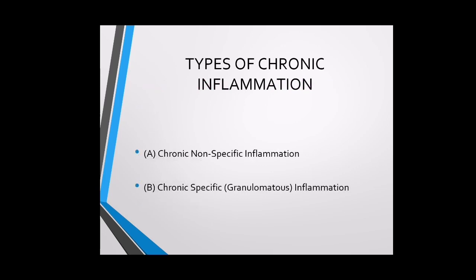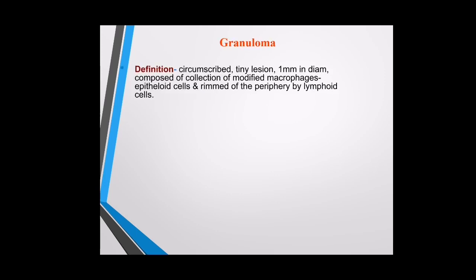Now, mainly two types of chronic inflammation are there: chronic non-specific inflammation and chronic specific inflammation, that is granulomatous inflammation. This is the most important question. Granulomatous inflammation is the most important question for your viva, your theory, as well as your practical aspect. Granulomatous inflammation. What is a granuloma?